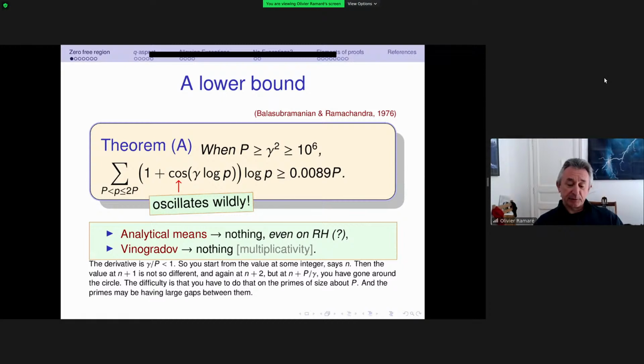And after a range of size 2 pi P over gamma, you've completed the full turn of the circle, and you don't know exactly where you are.